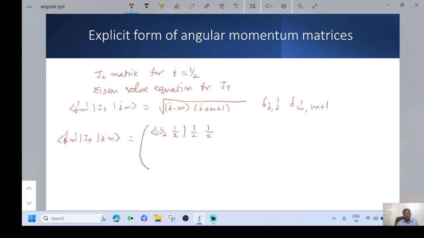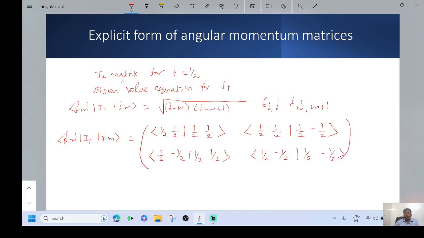The first condition for M is 1 by 2. Then J dash equal to 1 by 2, M dash is 1 by 2, J is 1 by 2, and M is minus half. Here half minus half, 1 by 2, 1 by 2, 1 by 2 minus 1 by 2, 1 by 2 minus 1 by 2. See this matrix?